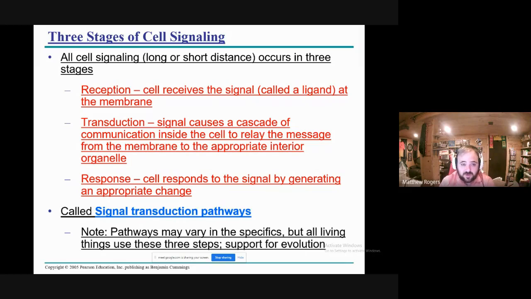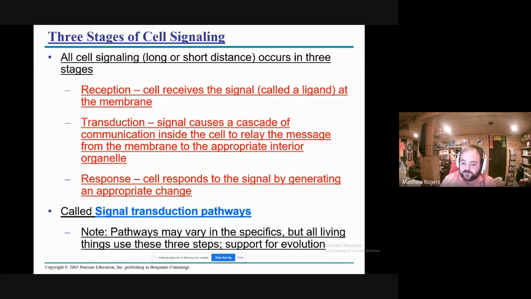Our cells work faster, or they must have a common theme. We actually see the exact same reception and transduction that exists in a human cell at a level which is pretty insane.